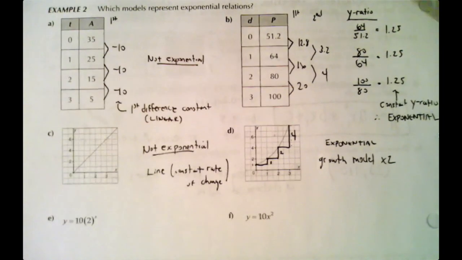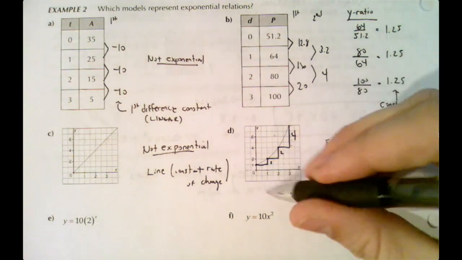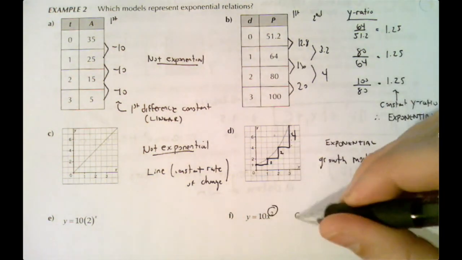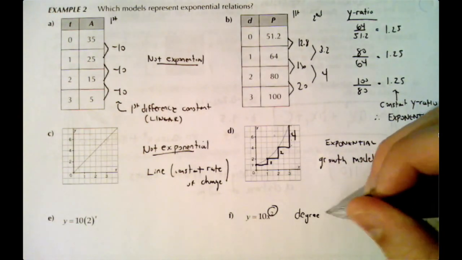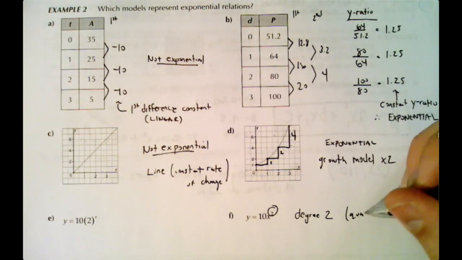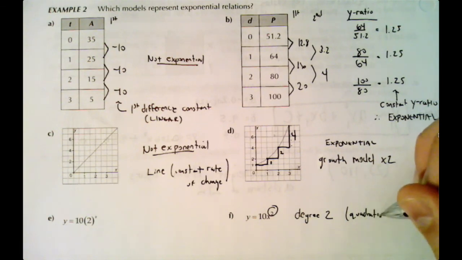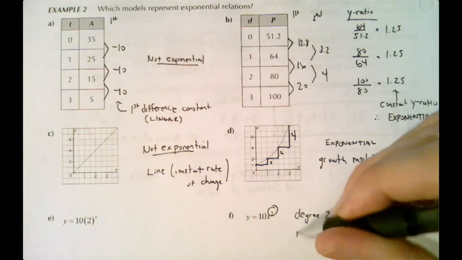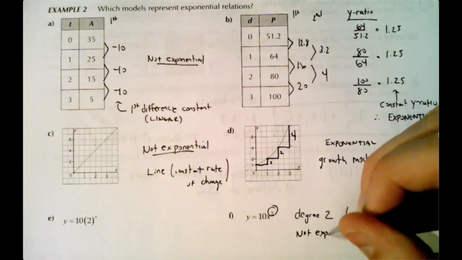And E and F. Equation E here, equation F here, one of these is exponential. Well, this one, it's got an x squared, so that's called degree 2, and we know that's quadratic. So this one is not exponential.